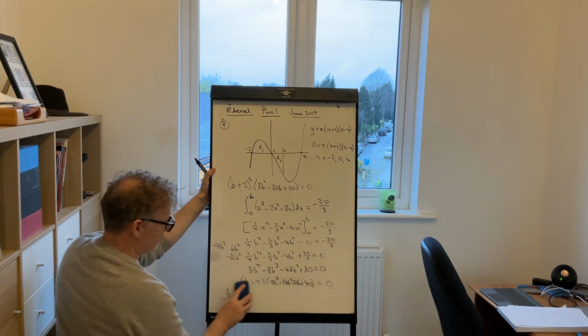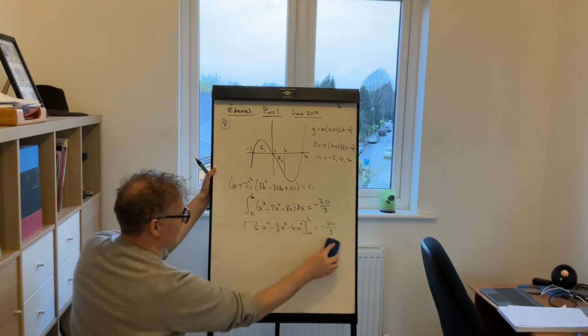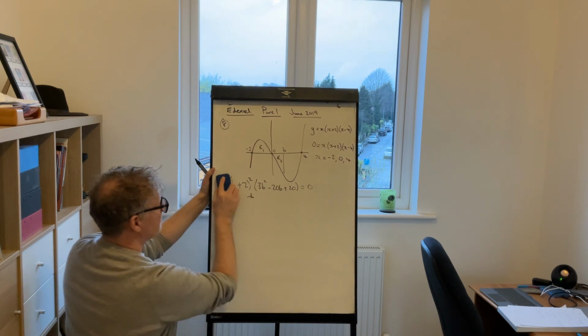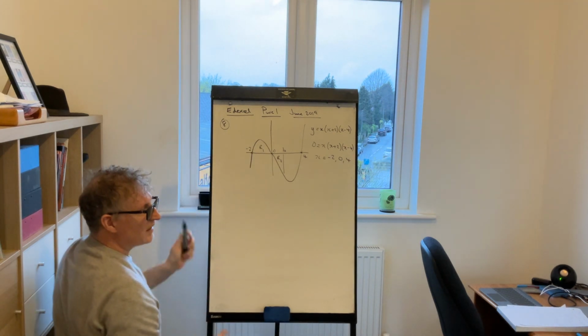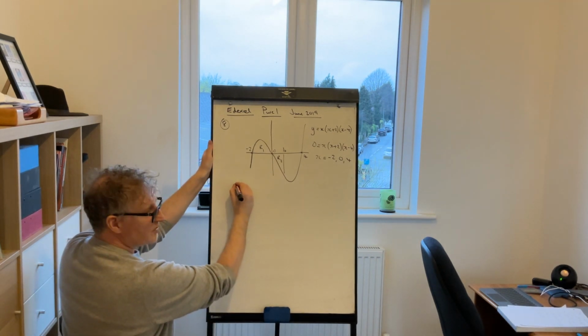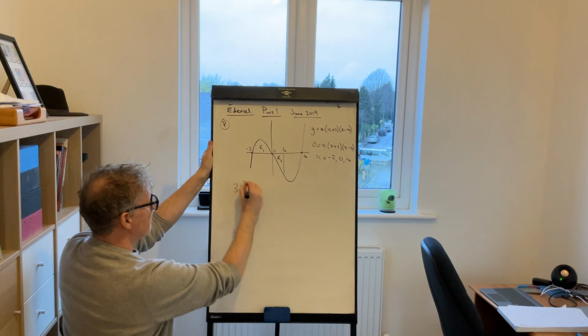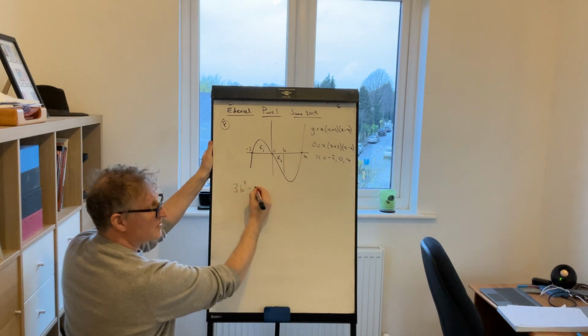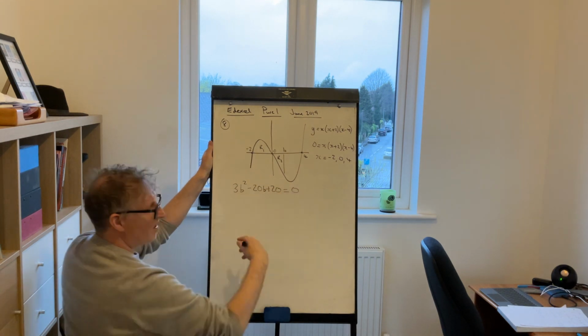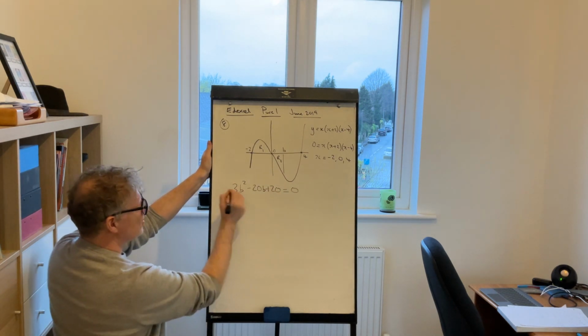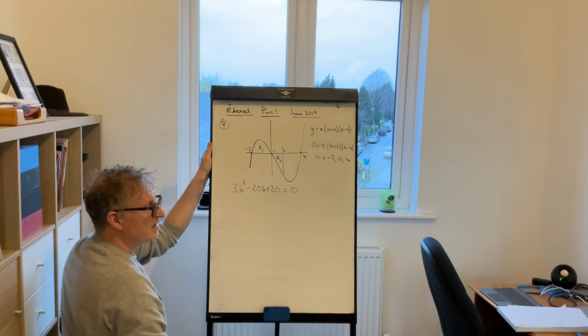Anyway, there we go. Now then, part C. So it says the roots of the equation 3b squared minus 20b plus 20 equals 0. That was part of our thing. Don't forget we have b plus 2 squared here equals 0.